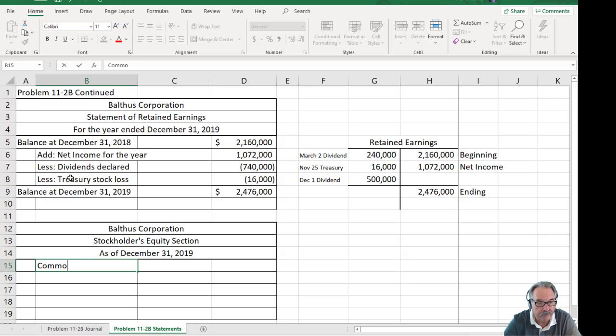Common stock, $1 par value, 320,000 shares authorized.